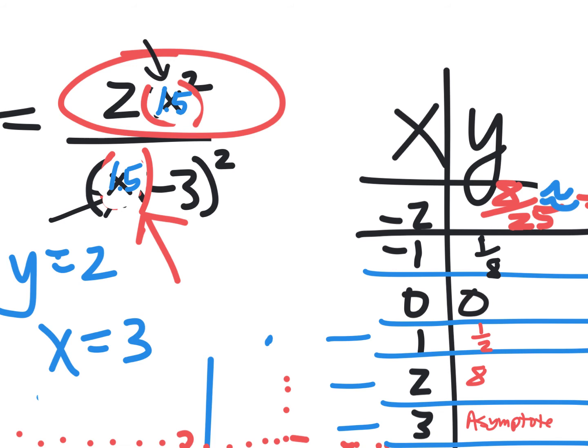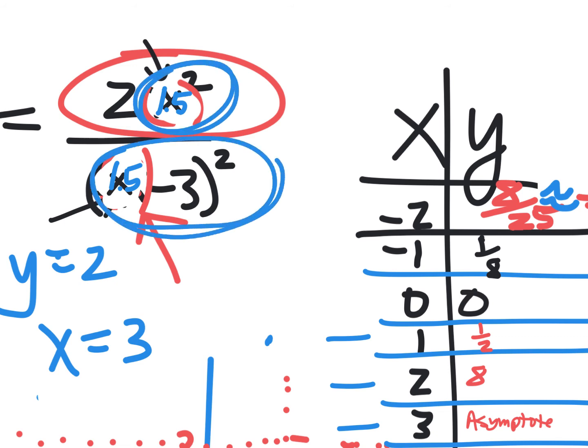Do you get that the 1.5 squareds on the top and the bottom cancel? 1.5 squared is here, and then down here you have 1.5 squared again. Because when you square it, the negative will be gone anyway, right? So, do you get that those cancel and then the answer comes out to be 2?